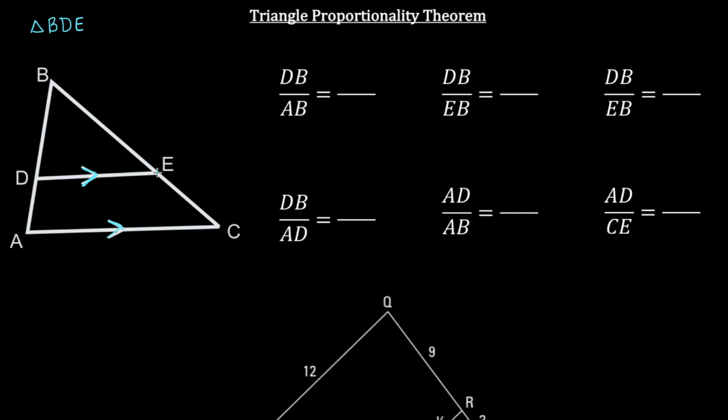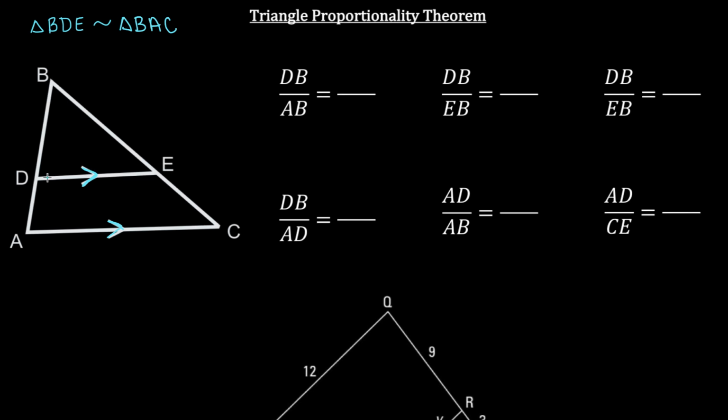So this side of this small triangle is parallel to this side of the larger triangle. That means triangle BDE is going to be similar to triangle BAC.